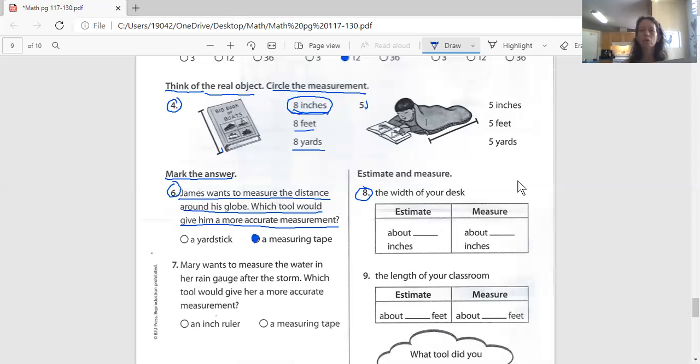Well, would we say it's about 6 inches? No, because that'd be a small desk, wouldn't it? If I'm looking at my desk right here, I see that it's a little bigger than a ruler, isn't it? It's going to be bigger than this ruler. This is 12 inches. My desk is bigger than that.